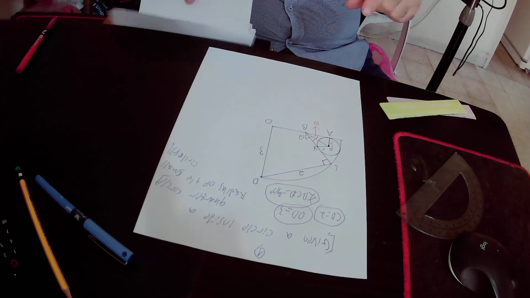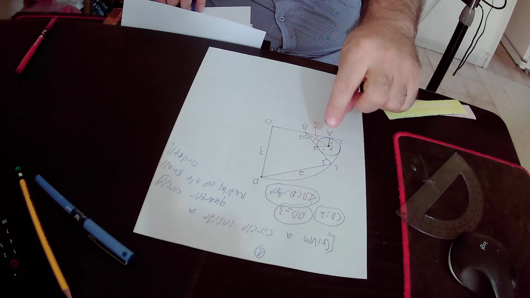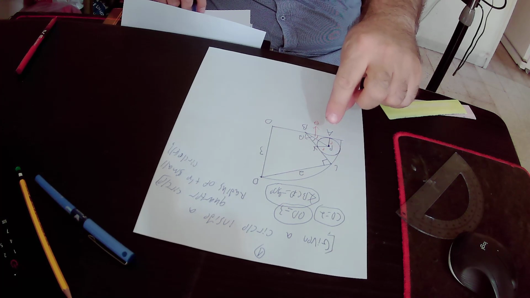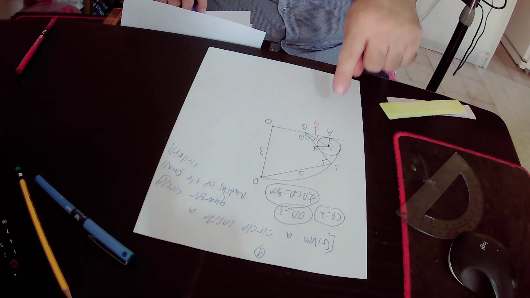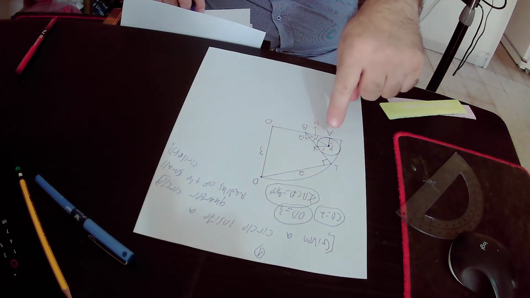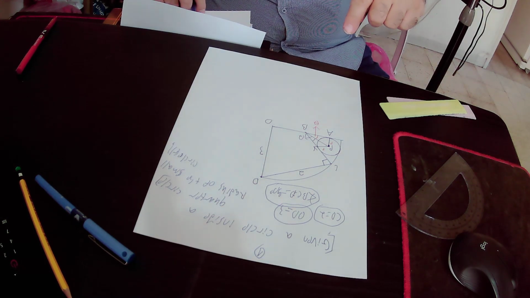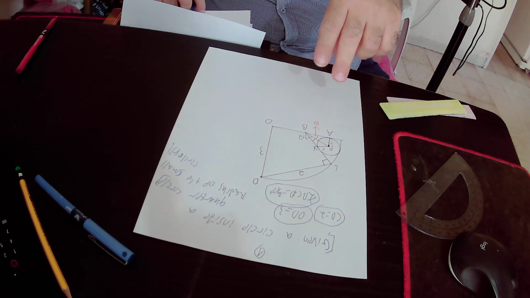Again, according to the rule that corresponding angles in congruent triangles are equal to each other, those two angles are both equal to theta.